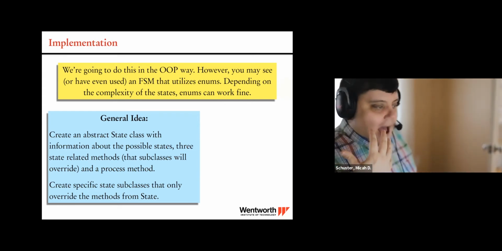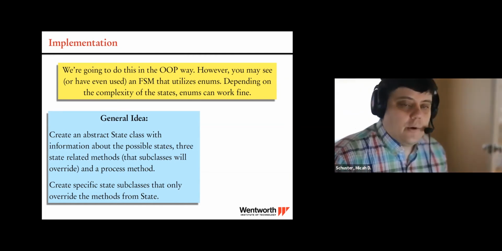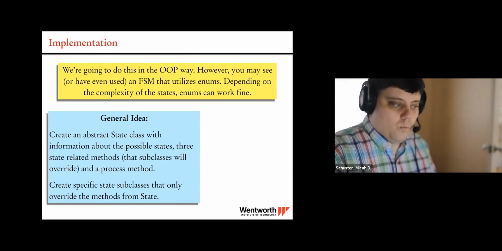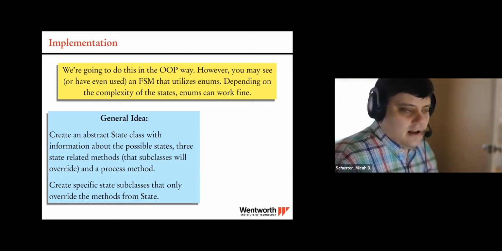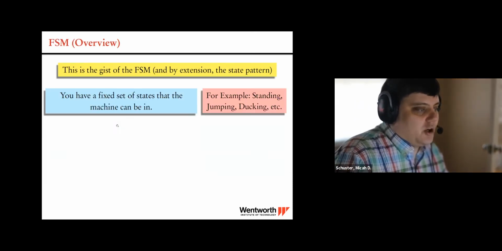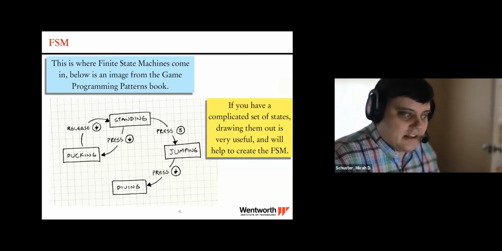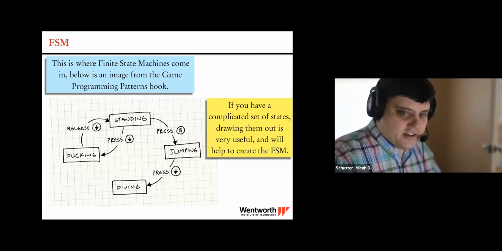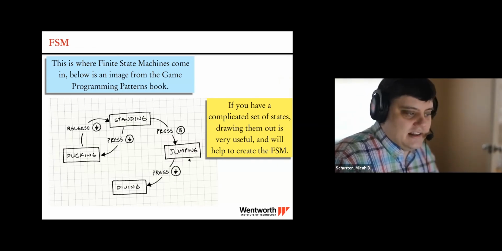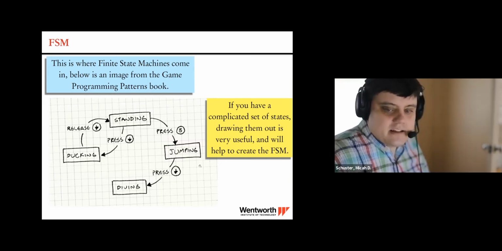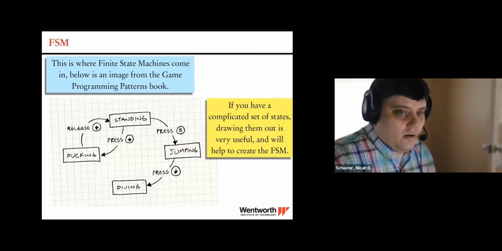We have some abstract class, and then for every state that we want this state machine to represent, there's one additional class. So for our diagram above, let me go back a couple of slides. For our diagram above, here we would have 5 classes. Our overall state class and the 4 possible states that we're going to create. Now, it seems like a lot, but each of these classes is relatively small.